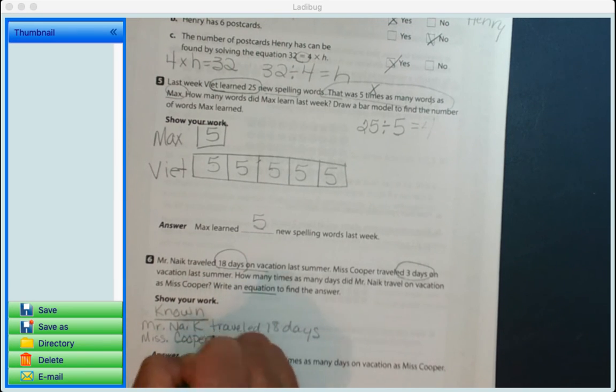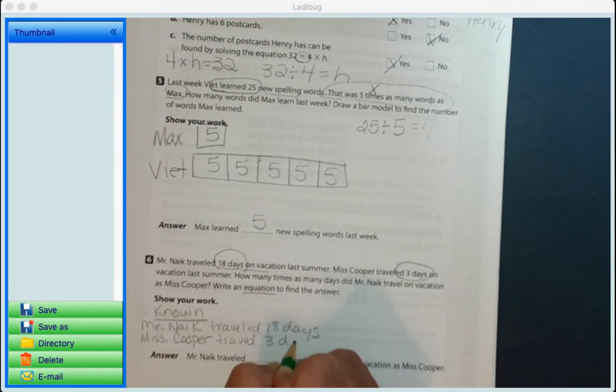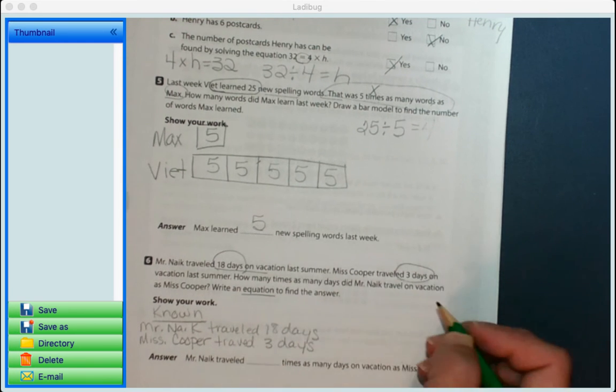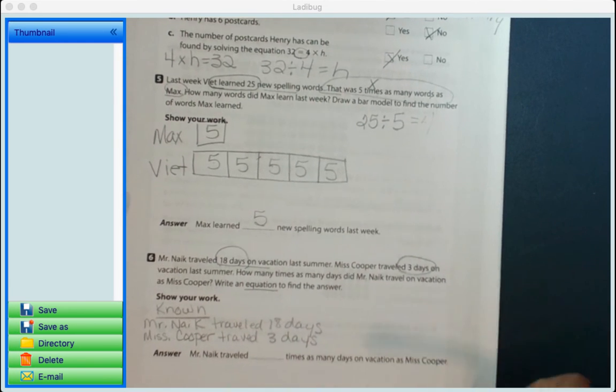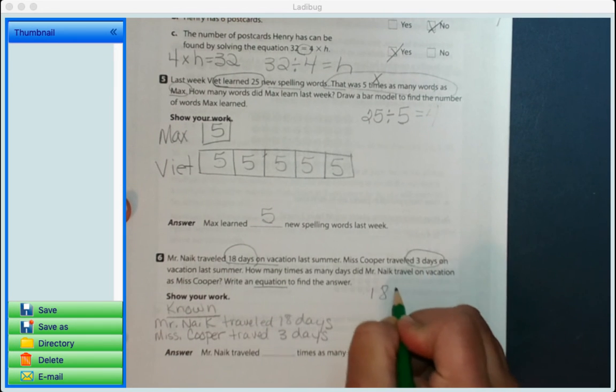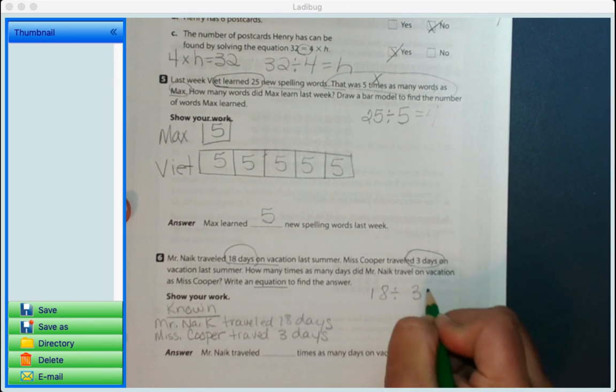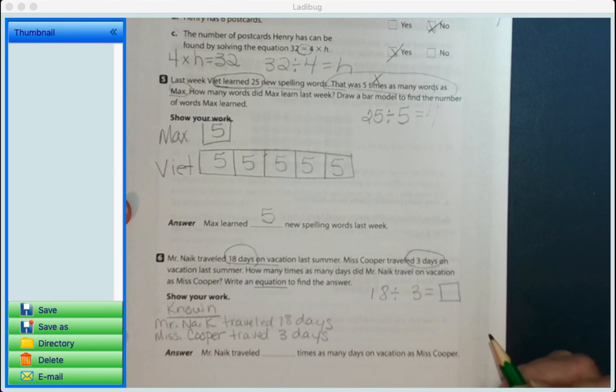So we know that Miss Cooper traveled 3 days on vacation. How many times as many days did Mr. Nyack travel on vacation as Miss Cooper? Well, here we go. I know I have 18 and 3. So I could do this as 18 divided by 3 equals blank.